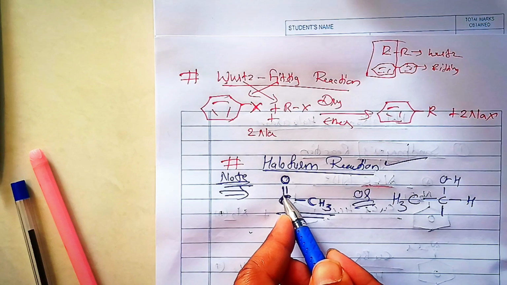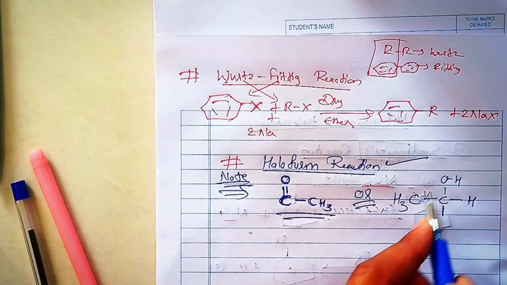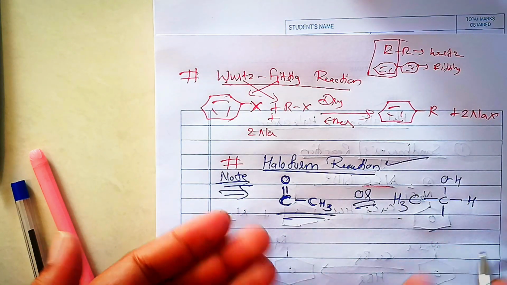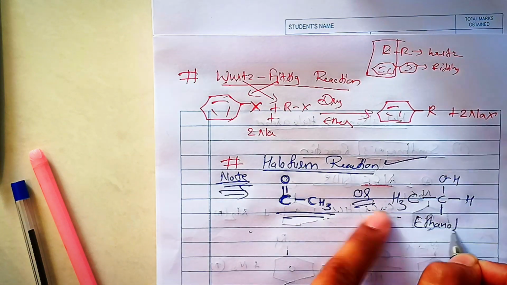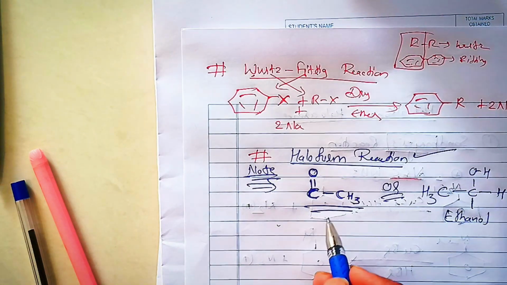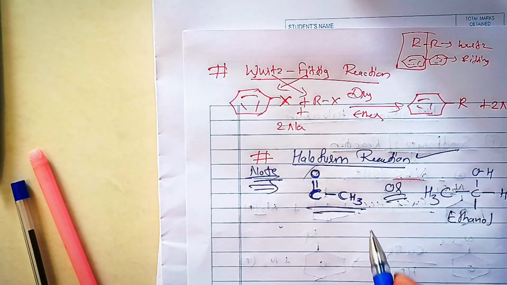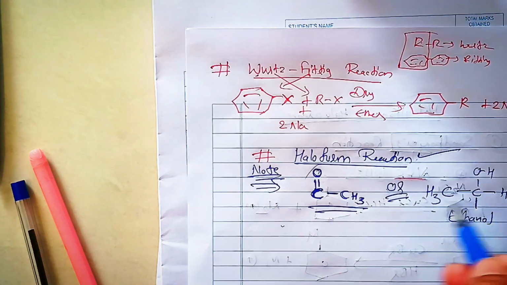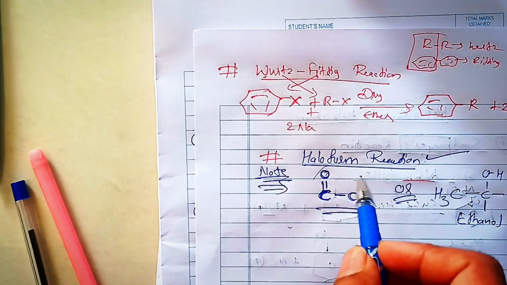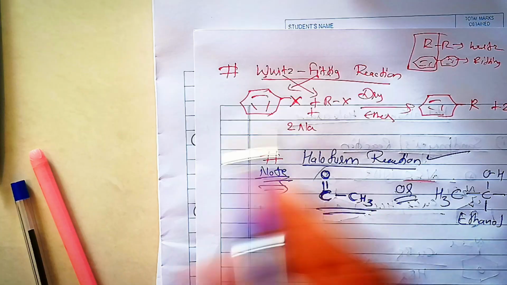This is the keto, this is the enol, so this is the ethanol, and this is the carbonyl which is attached to CH3. So this is the keto-enol tautomerization. Only for these two will the haloform test be positive.